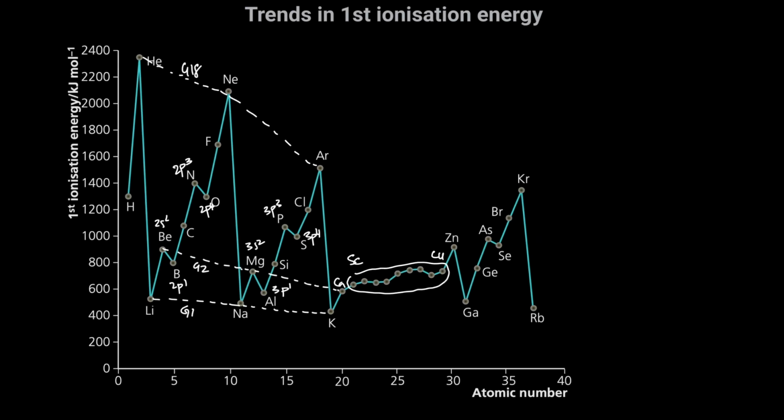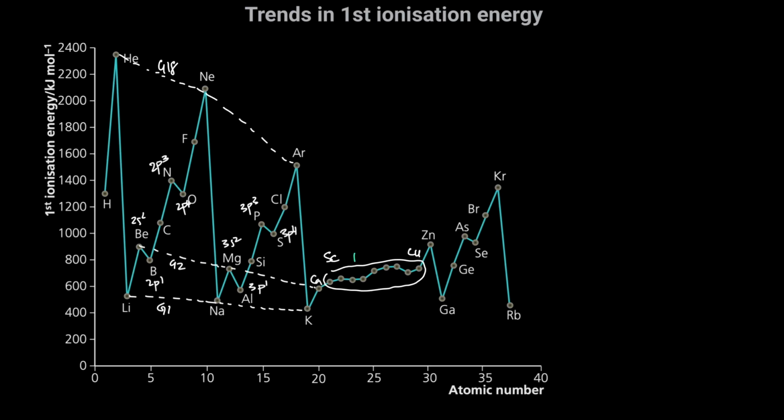So what we can say here is that the first ionization energy remains relatively constant from scandium to copper. Scandium has atomic number 21 and copper has atomic number 29.